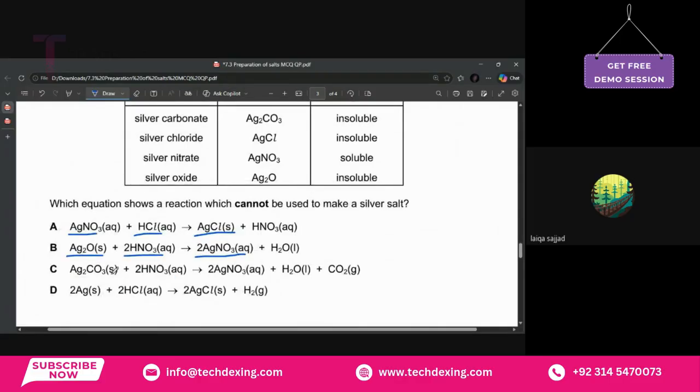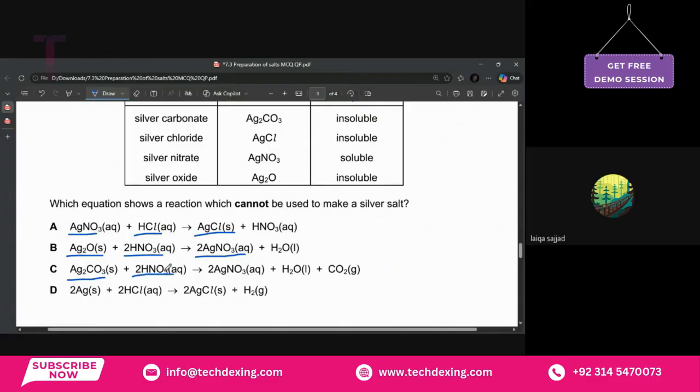Moving to option C, can it be used to produce a silver salt? This is a reaction between a metal carbonate and an acid.